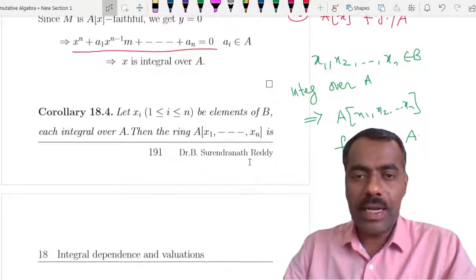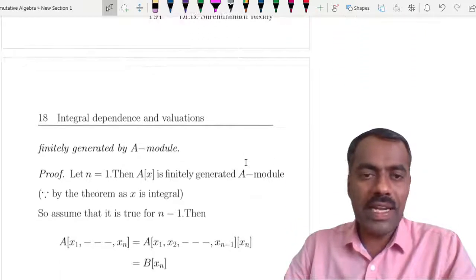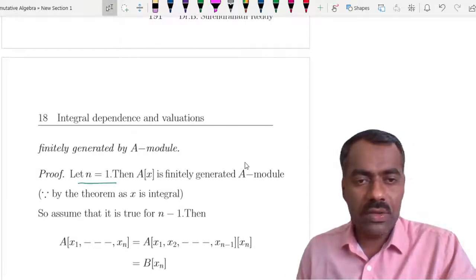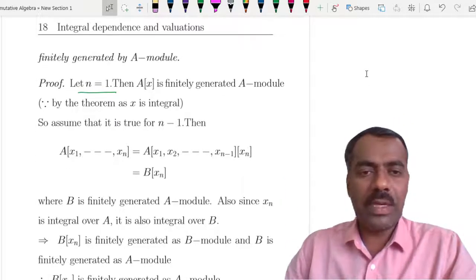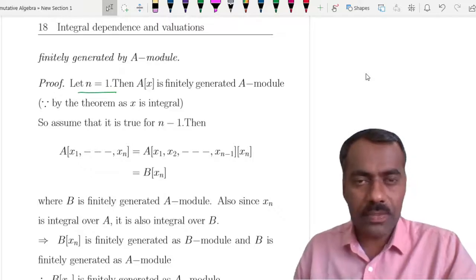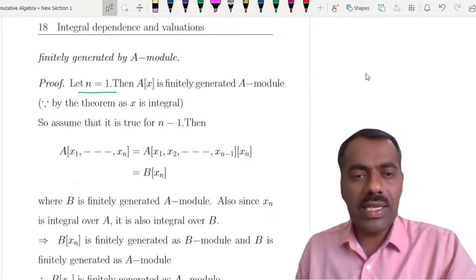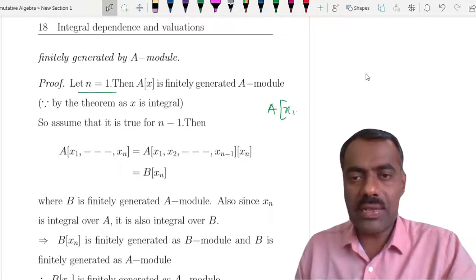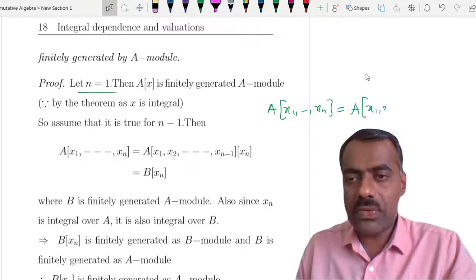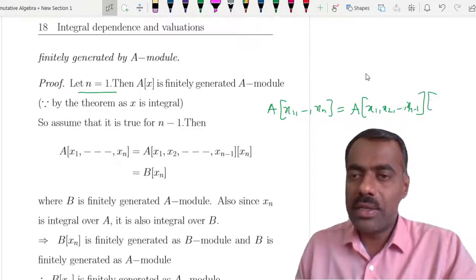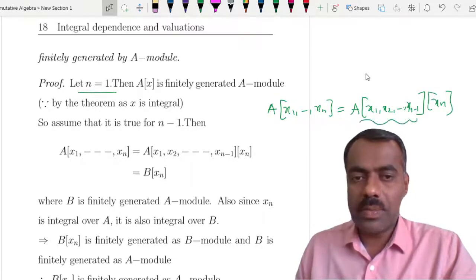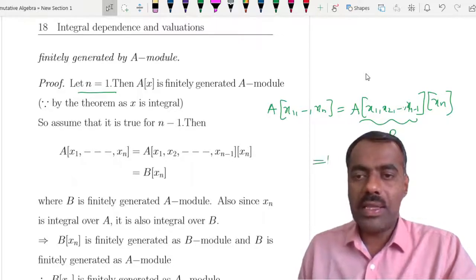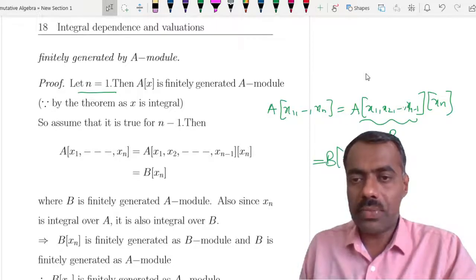Then we can assume, for mathematical induction, that it is true for n minus 1. The idea is very simple: you write A[x1, x2, ..., xn] as A[x1, x2, ..., xn minus 1] and then join xn. Simply take this as, suppose, B, then this is simply B[xn], right?